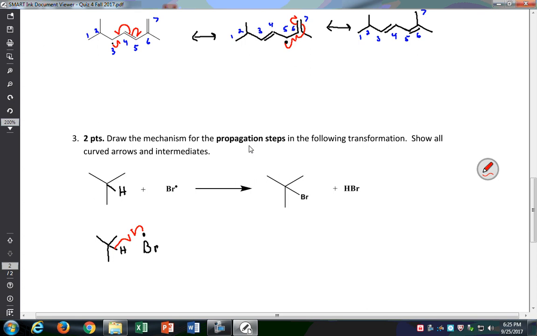Then we have to take the other electron between the bond between carbon and hydrogen and put it onto our carbon. And of course, we're going to form our more substituted radical. And this forms HBr.